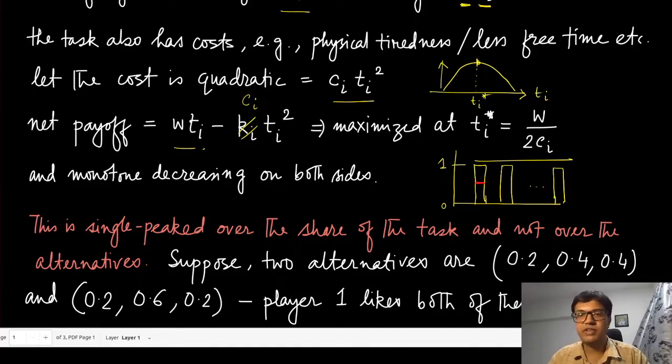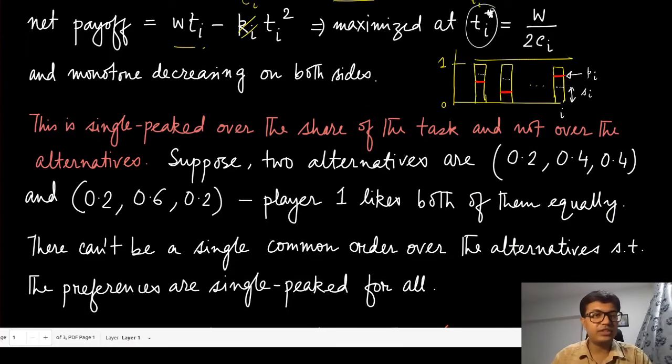Maybe this red dot is showing how much they prefer the most, and this can vary with respect to different agents. Finally we'll have to divide the task in such a way that these dotted lines, which are the share of this task among all the agents, sum up to 1. So this amount of task is nothing but s_i if this is agent i, and these are their peaks, which they prefer the most.